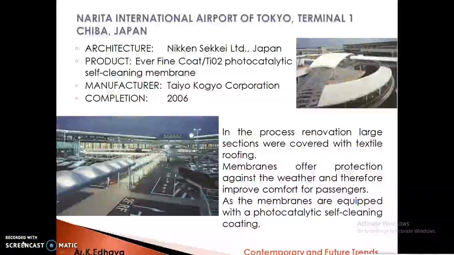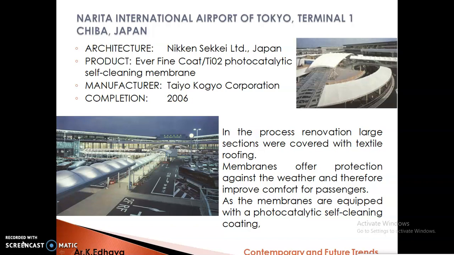Next is the Narita International Architecture School, Japan. The architect is Nikken Sekkei Limited, Japan. The product used here is Ever-Fine Coat, which has a titanium dioxide photocatalyst as a self-cleaning membrane. Here they have renovated a large section of the apron, which is covered using a textile roofing membrane.